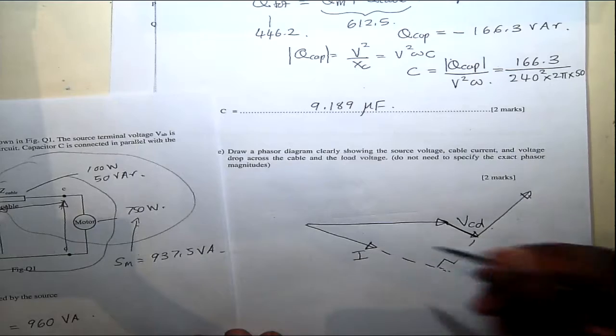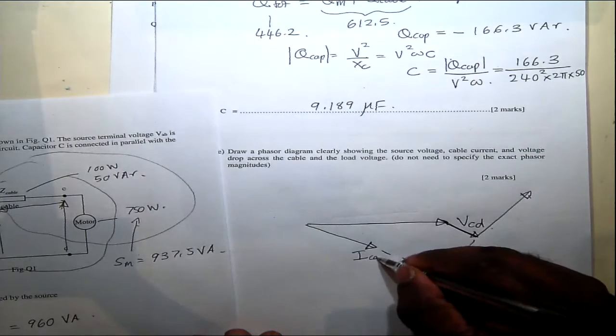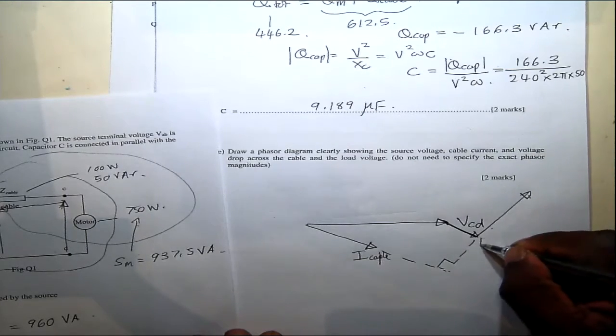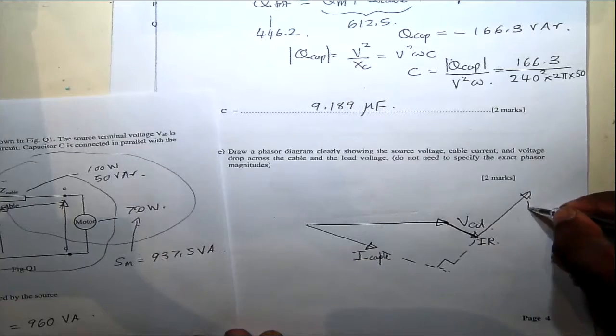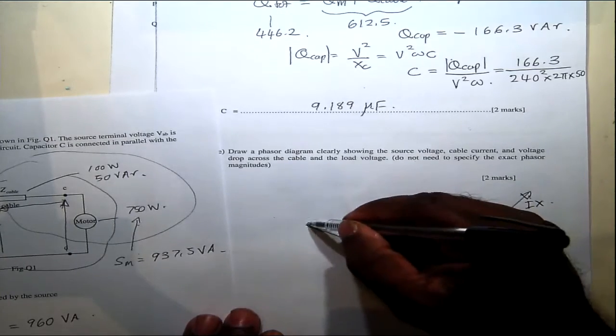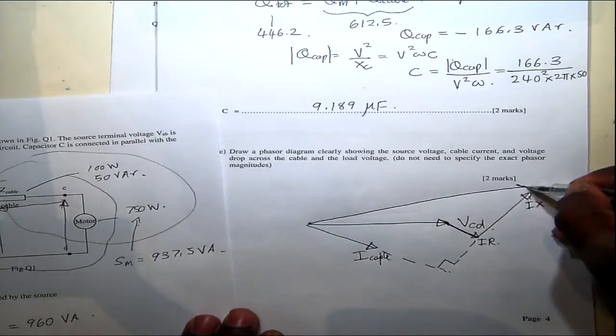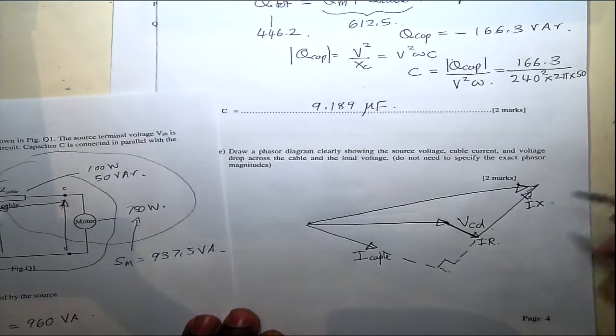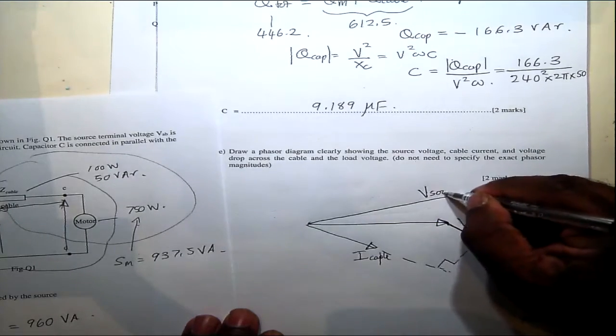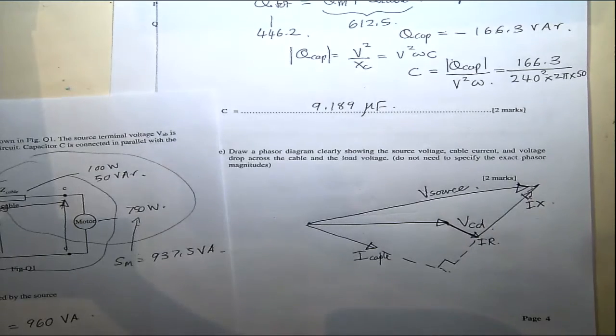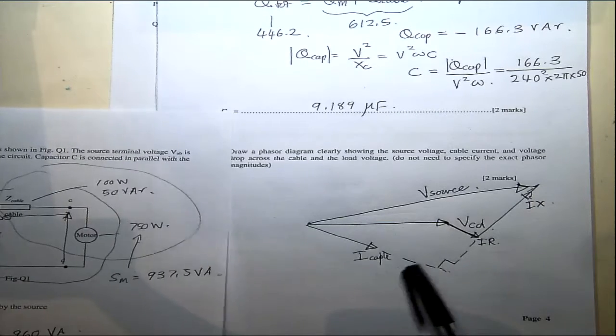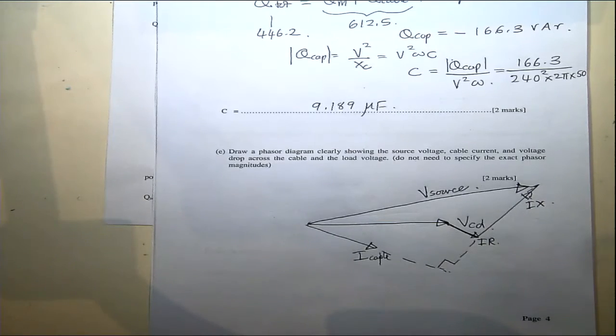This is I, the cable current, and this is IR for the cable, and this is IX for the cable, and the effective supply voltage will be somewhere here. This is the source voltage. So this is basically for a lagging power factor. If you have a leading power factor, it shifts to the other side.